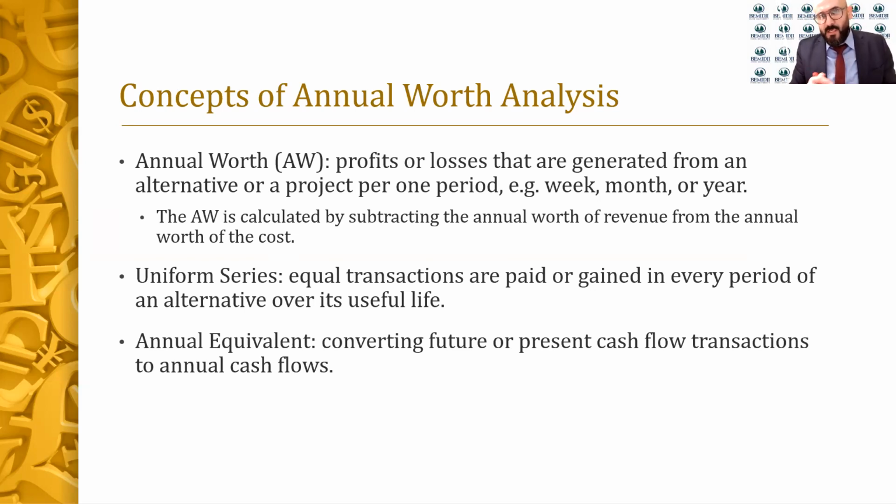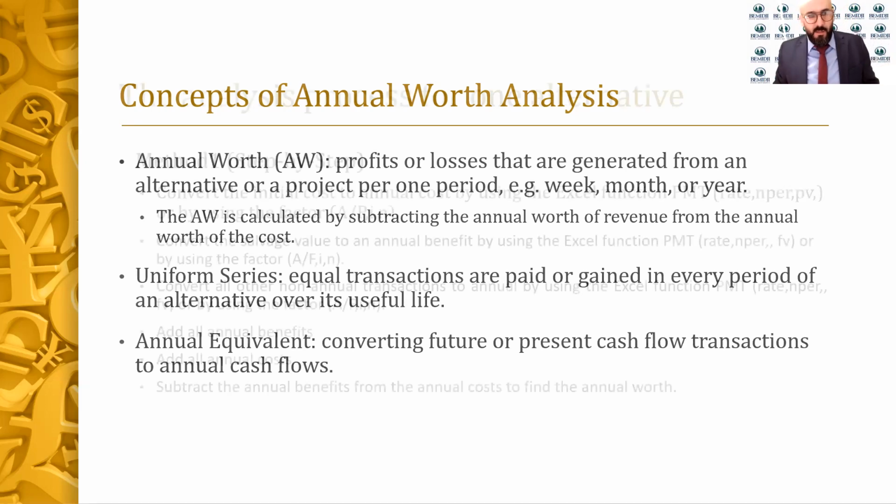So the process of converting these numbers is called annual equivalency. But again, all these concepts are talking about the same thing, which is the annual worth, or the A notation, let's say, call it this way.